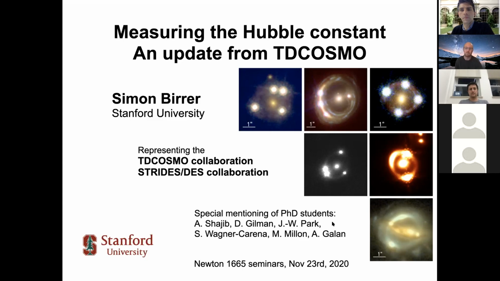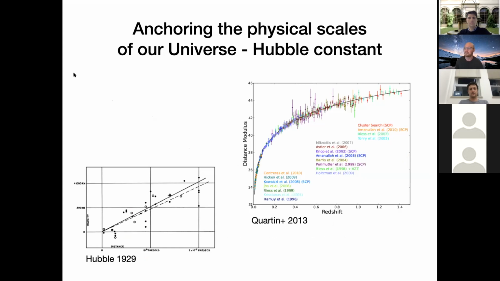So, a very brief history of the Hubble constant. This is the famous paper by Edwin Hubble in 1929, where he laid out that galaxies that are further away have a receding velocity and move further away from us.